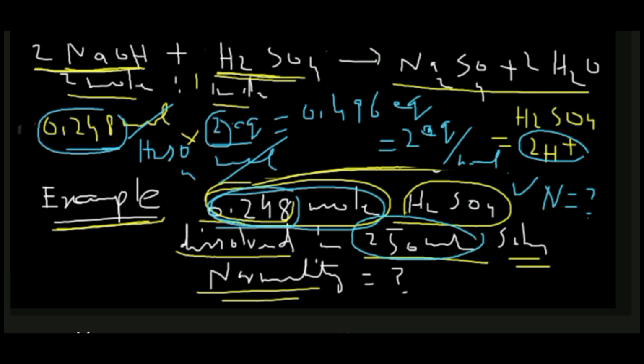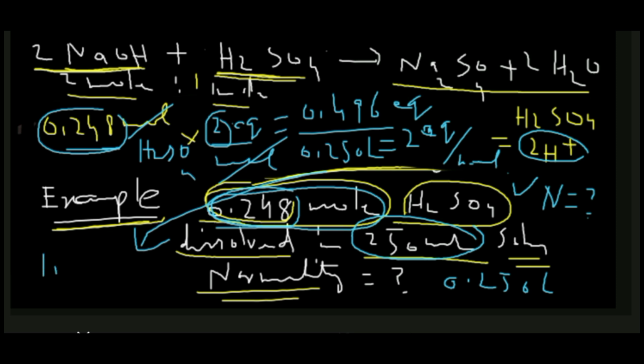Now here we have 250 ml of solution, which is equal to 0.250 liter. So if you divide this 0.496 by 0.250 liter, that will be equal to 1.98 equivalent per liter, as we previously did.